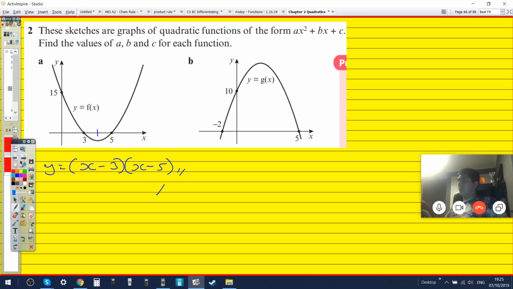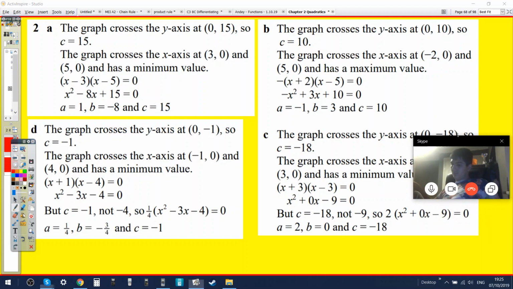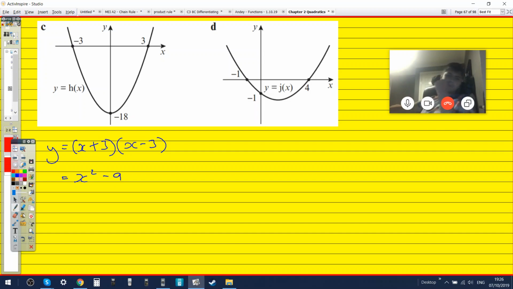So I'll actually do the sketches. Find the values of that. So C is the first one. We look at that and we think it might be x plus 3 and x minus 3. If we expand that, we would get x squared minus 9.